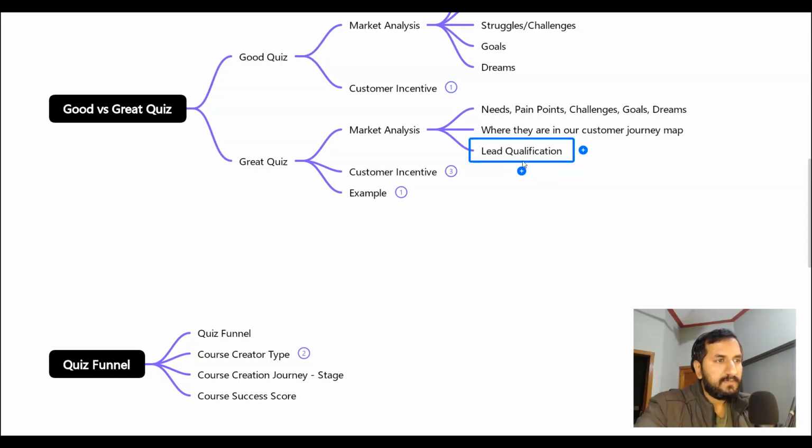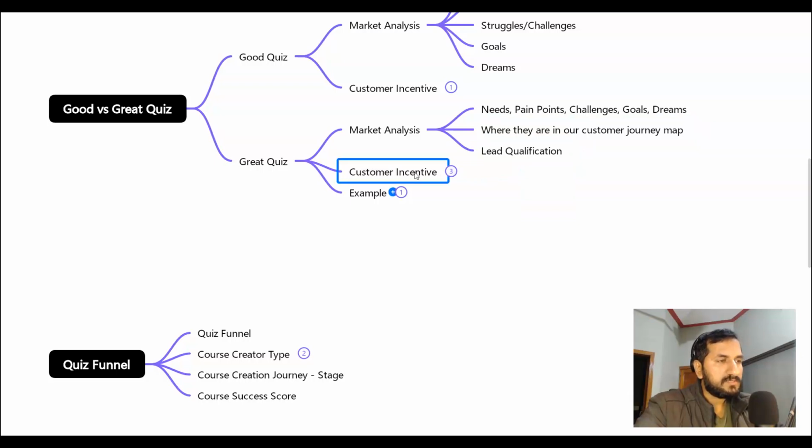And if they are unable to get the results from your online course, they are going to ask for a refund or maybe leave feedback or a review on your course. That's going to hurt your sales on the next stages. So we have to make sure that we have these two things, some other things as well, but just to keep it simple and easy, these two things should be incorporated into your quiz funnel.